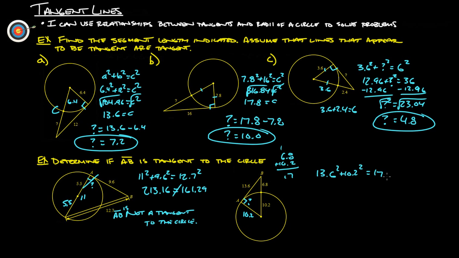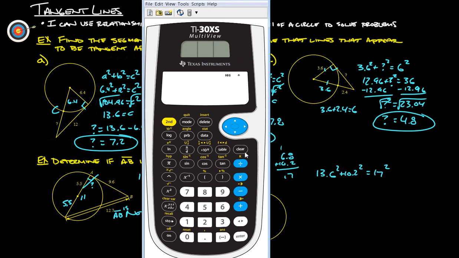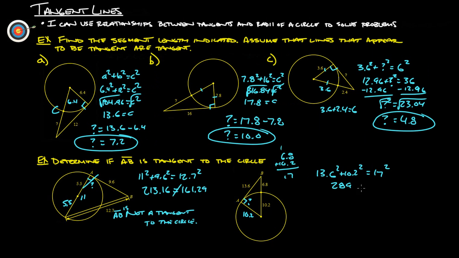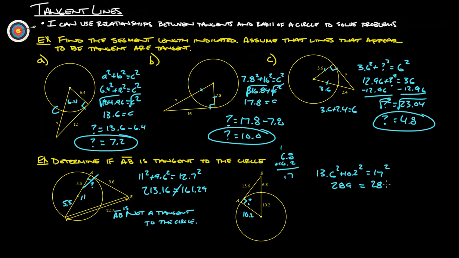That has to equal 17 squared, right? So let's check and see if that works. So 13.6 squared plus 10.2 squared gives us 289. Does that equal 17 squared? Let's check it out. 17 squared gives us, in fact, 289.